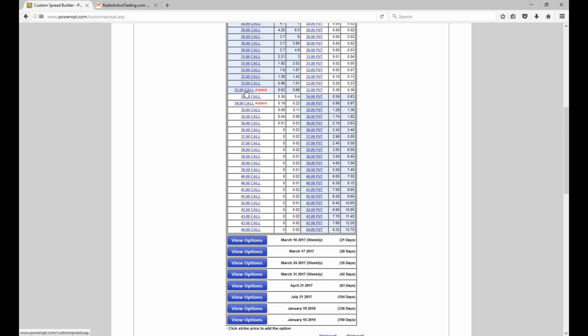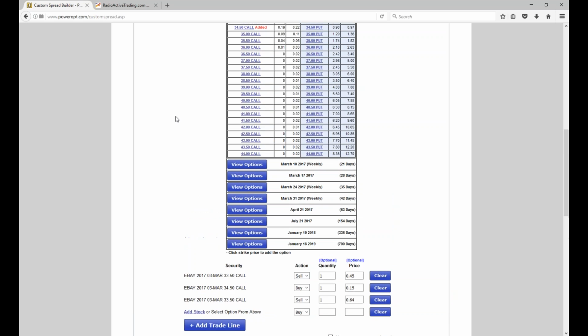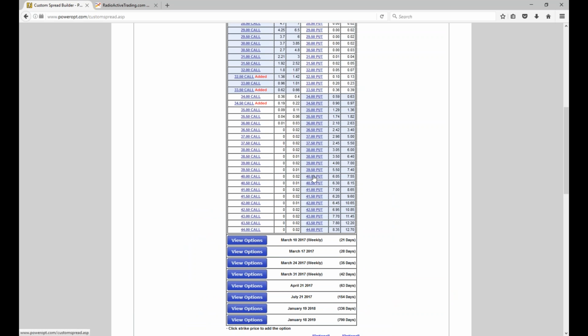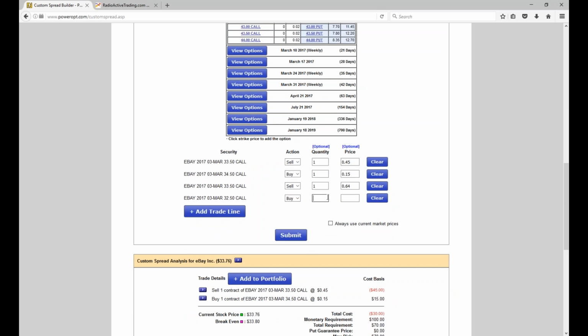So again, we're going to sell the same strike we had initially, 33.50, which is now at 64 cents. And we need to buy our deeper in the money 32.50, just one strike in, 136 to 142 bid-ask spread, so we'll call it 139.